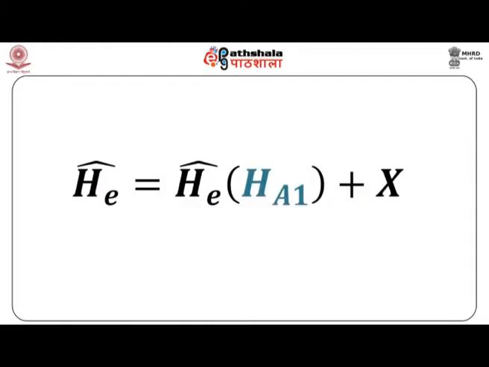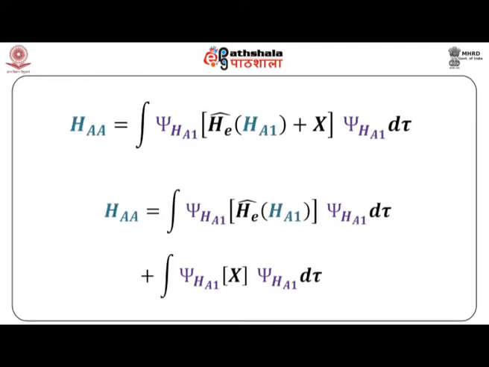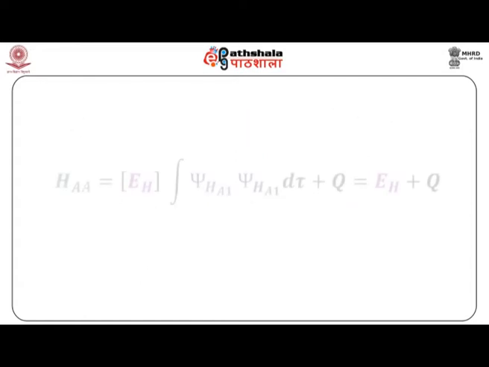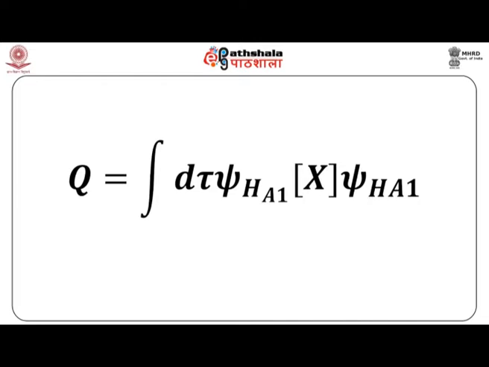If we substitute the expression for the electronic Hamiltonian in terms of x, then expand and solve it, ultimately we get two terms: HAA equals EH, which comes from the integral d tau psi HA1 squared, which is 1, plus Q. Q is an integral defined by the integral d tau psi HA1 x psi HA1.